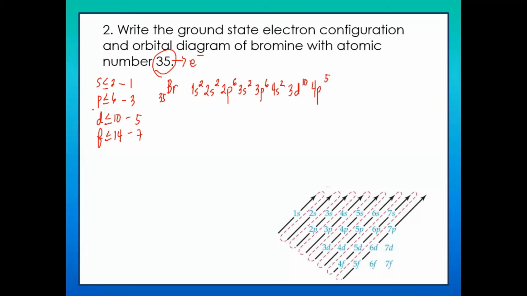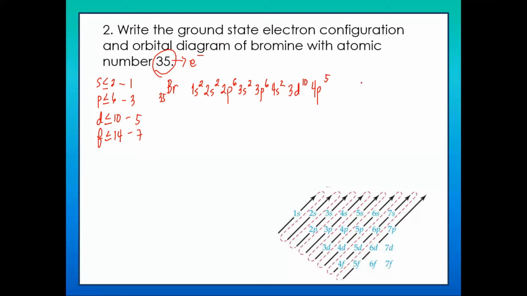Why 5? p can have less than or equal to 6. So, 2 plus 2 plus 6 plus 2 plus 6 plus 2 plus 10 plus 5 is 35. So, that is the correct electron configuration for the ground state or neutral state of your bromine element.